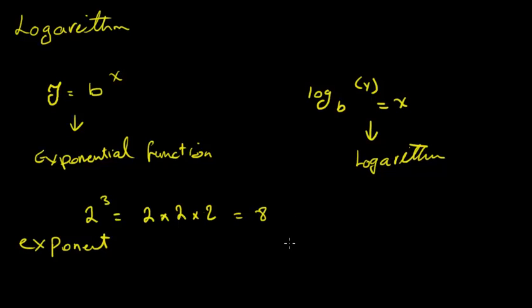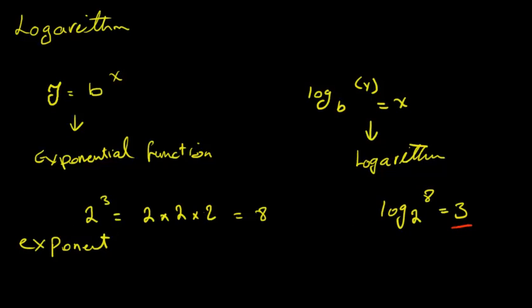So we ask how many 2's do we multiply to get 8? So the logarithm is 3. We write it as log base 2 of 8 equals 3. So this is the same as the exponent that we have here. It means we have three 2's multiplied together give us 8.